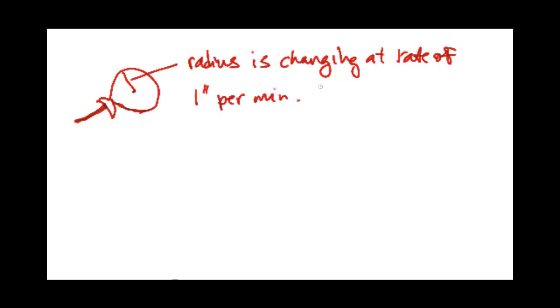And I want to know what is the rate of change of the volume and the surface area. Alright, well, this was nice because it gave you the actual equation that you needed.